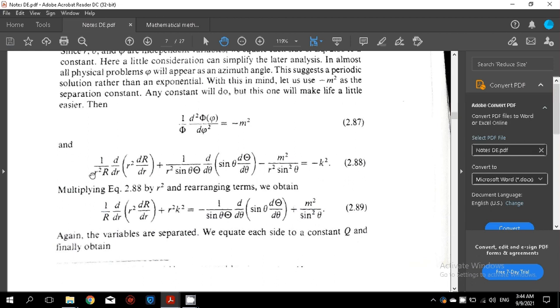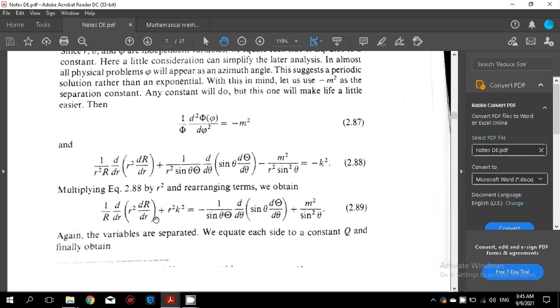If you look at equation 2.88, this equation contains the variable r only, and the second term is the term containing the function of theta only, and we have done the same thing as we did for the phi part. So equation 2.89 has been written with one side of this equation the term containing r only, and the right hand side the term containing theta only.